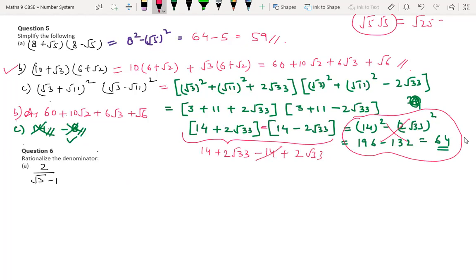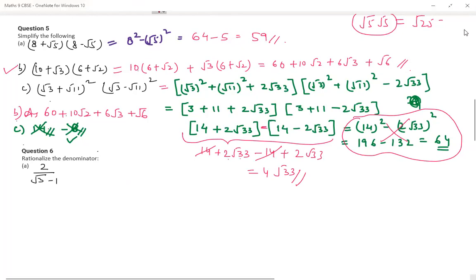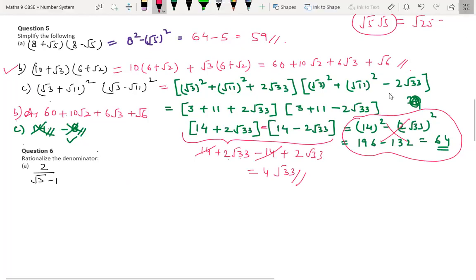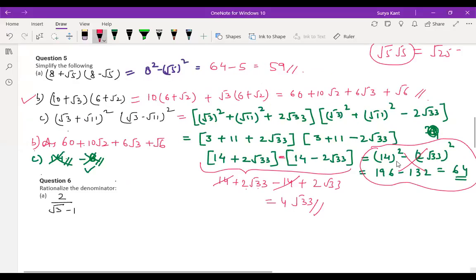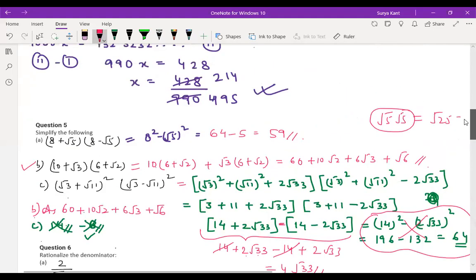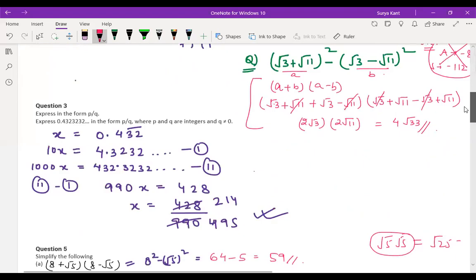So this will get cancelled. So 2 root 33 and plus 2 root 33 become what? 4 root 33. In this way, our answer also came. See, 4 root 33 and the top part is also 4 root 33 only. If you are doing it with the formula or with expansion, both answers will remain the same. Understood? See here also 4 root 33, and down also it is 4 root 33.